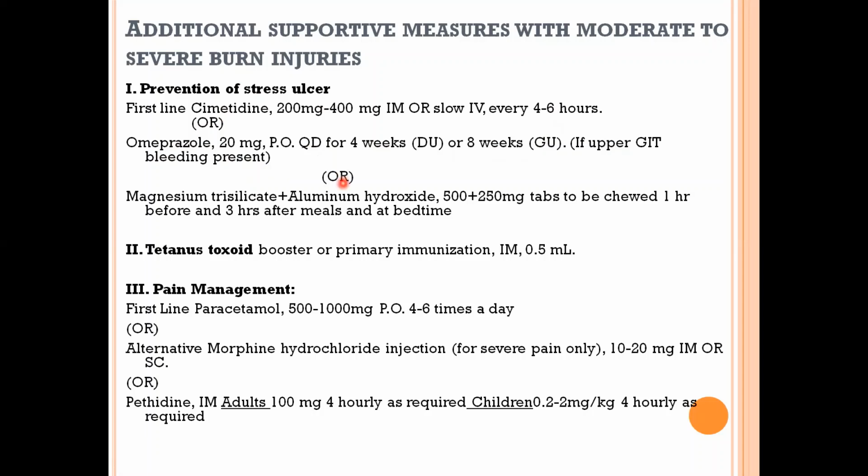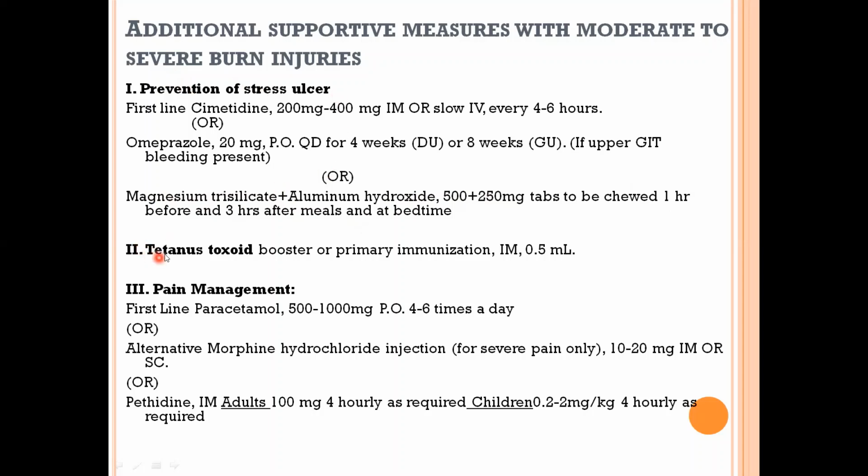Or if it is a minor stress-induced ulcer, you may go with adsorbents like magnesium trisilicate plus aluminum hydroxide. Chewable tablets 500 mg plus 250 mg, 1 hour before and 3 hours after meals and 1 at bedtime. So this is for the prevention of stress ulcer.